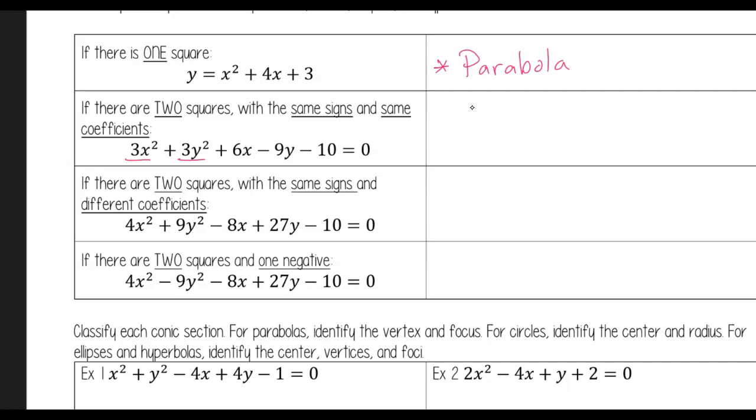Yes, good, Lauren. This is a circle. When we have the same coefficient and same sign, it creates a circle.